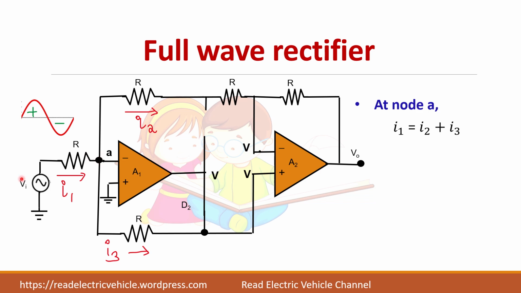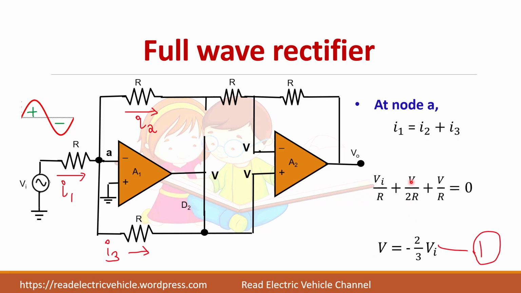Since VA is 0, directly we write VI by R is equal to V by 2R plus V by R, because for I2 the two resistances R and R are in series, since only a division occurs here. And for the other current, this potential is V, so V by R. From here we can find the relation between V and the input voltage. V is nothing but minus 2 by 3 VI.